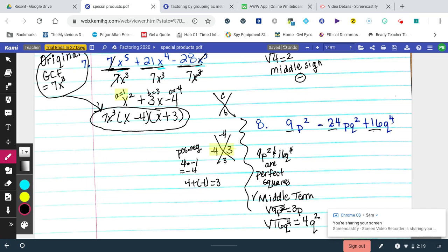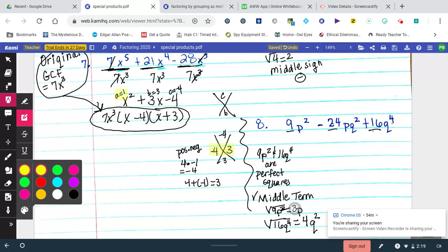Okay, now to check the middle term, remember that the middle term has to be twice this product. Okay, so what is this product?